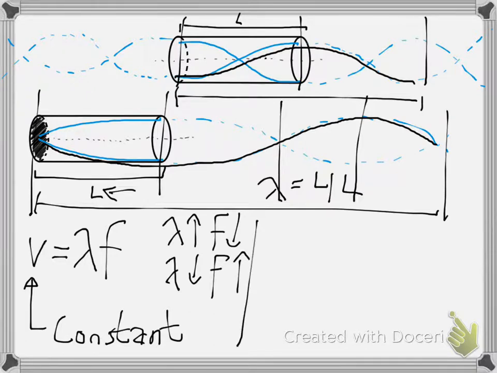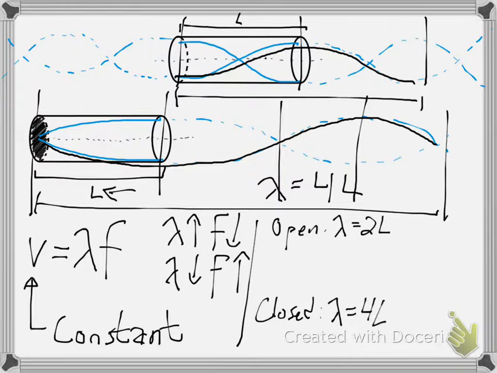So if we compare our open cylinder and our closed cylinder, for open we've got lambda equals 2L, and for closed we've got lambda equals 4L. I don't think anybody would dispute me saying that 2L is less than 4L. So that means we've got a larger wavelength in our closed cylinder and a smaller wavelength in our open cylinder.